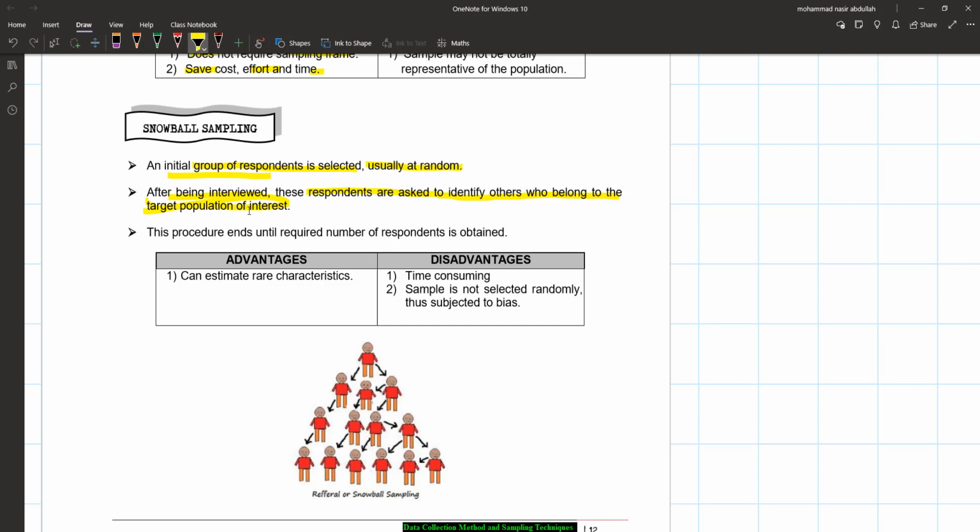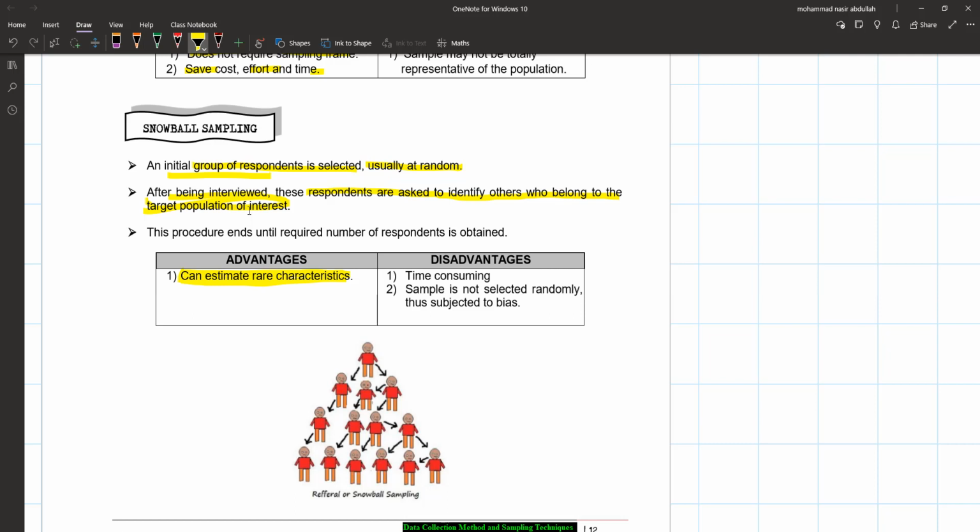Right? So advantage is it can estimate rare characteristics, meaning this is very suitable when you are studying a rare characteristic lah. Contoh macam let's say you cari satu karakteristik yang very rare, and it's hard to get when you go to the public, right?